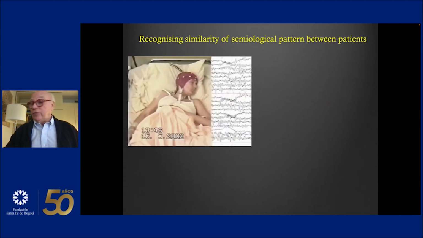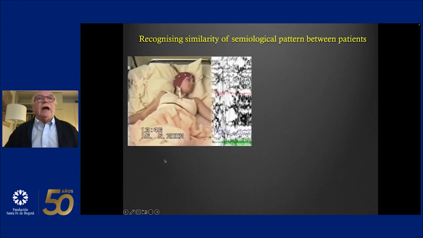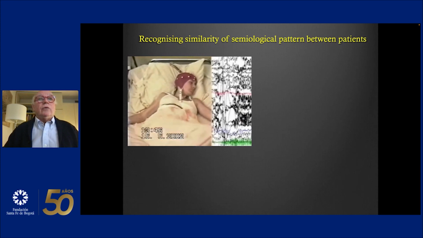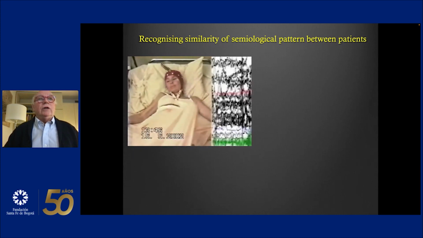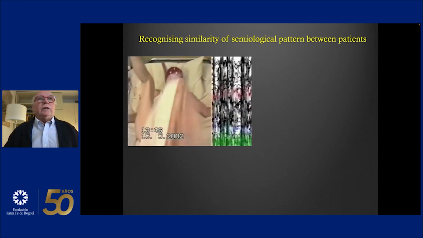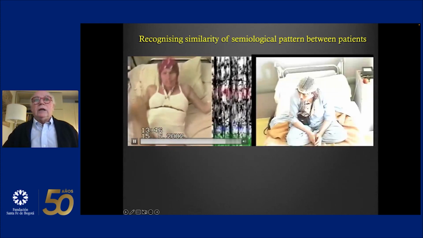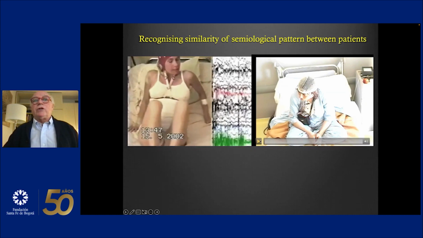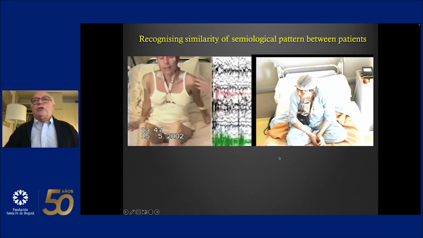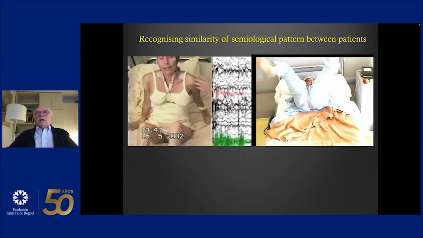And also, if you look now at different patients, you can see if you compare this patient now with the same stereotypies of the legs, and now with the patient I just showed you before, you see it's very similar.